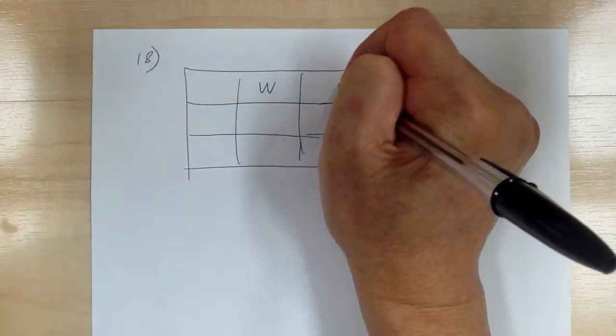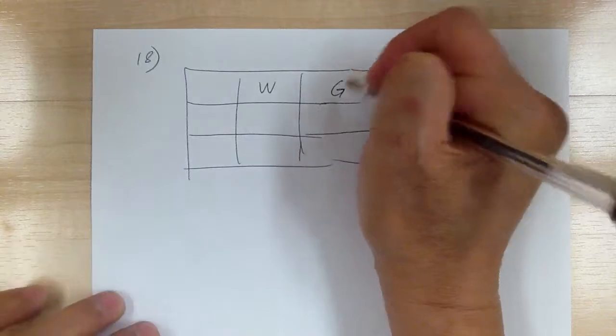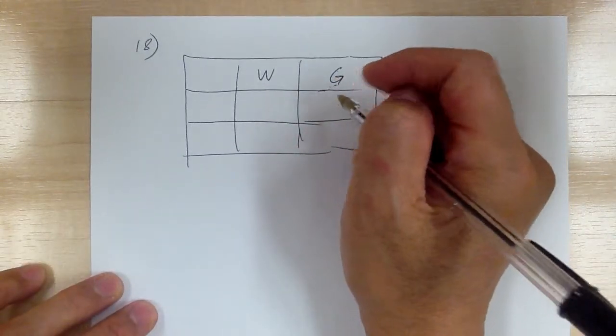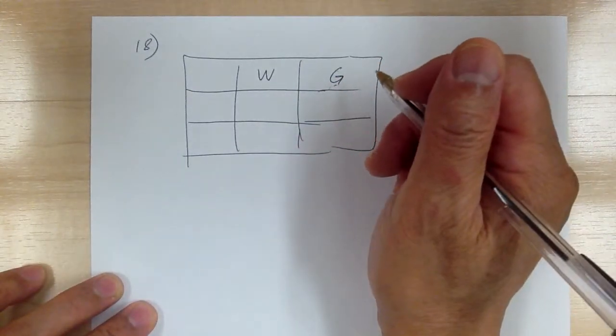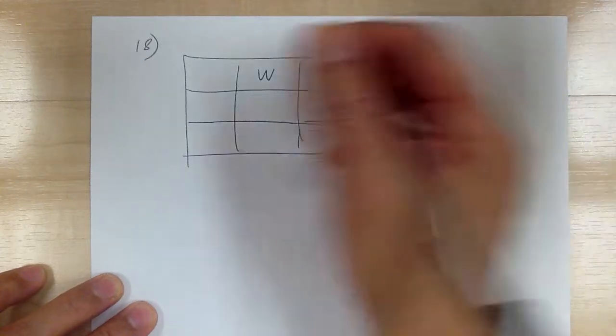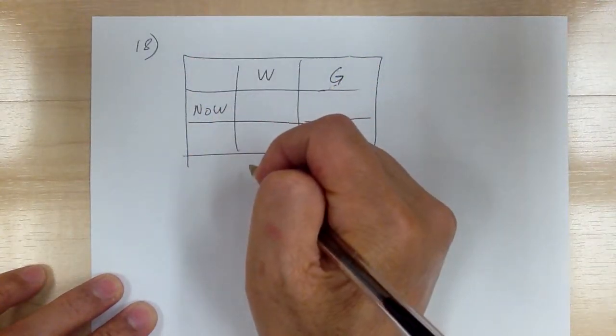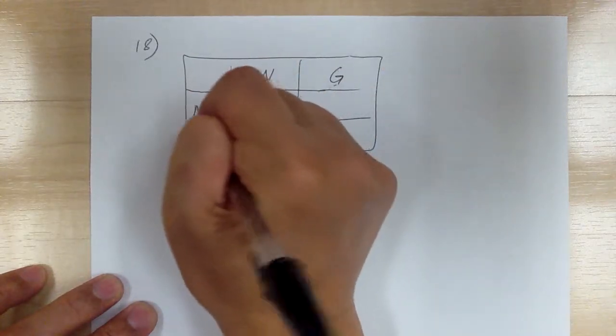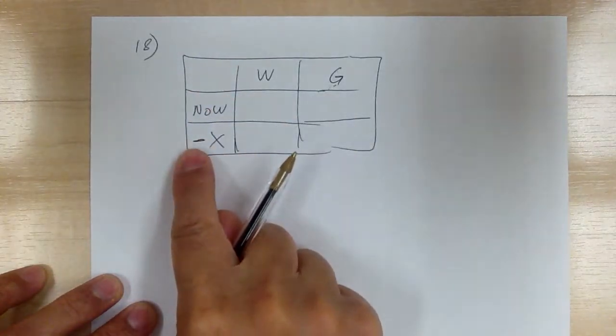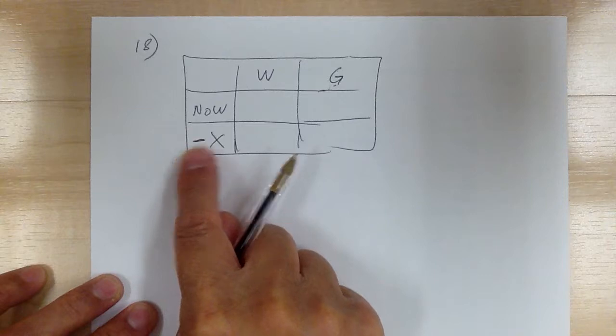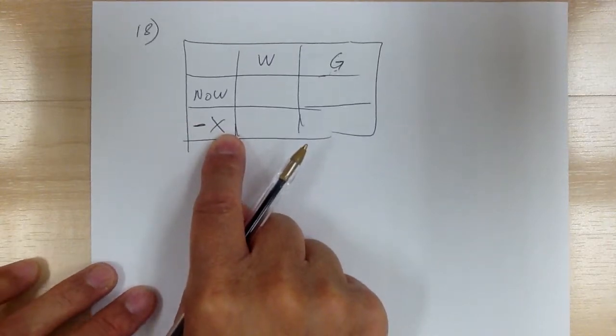I'm just going to call that G for grandson. Okay, and at the time, it says is, that means now. So when you see the word is, right away, that's now. It says how many years ago, so it's minus x, right? Again, in the past, you're minus. And if you don't know how many years, so it'll be x.